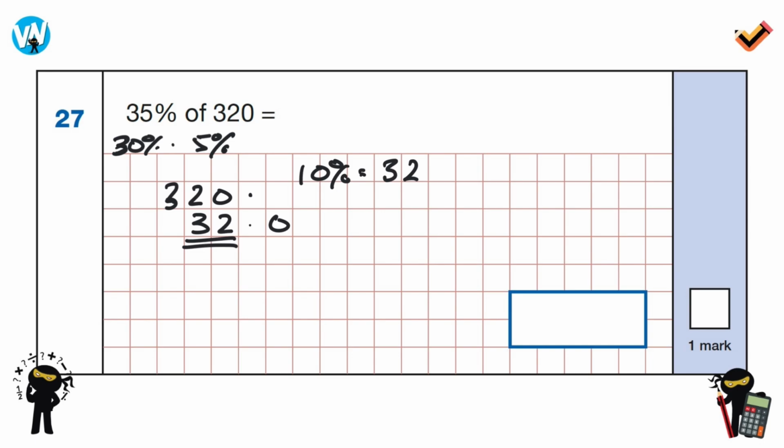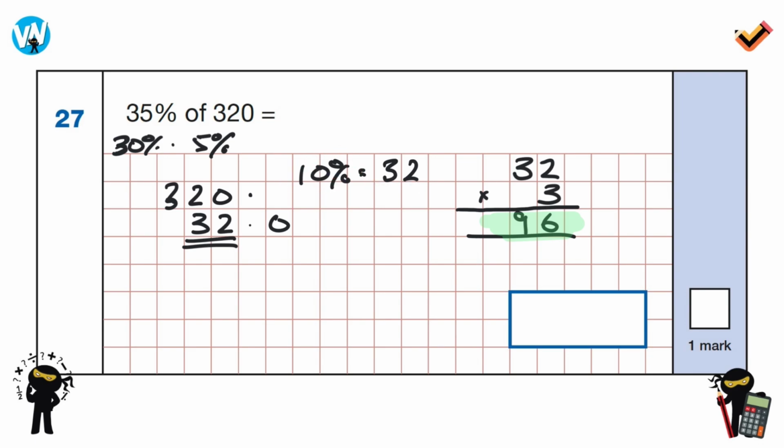So 32, to get 30%, I'm going to need to times that by 3. So I'm going to do 32 times 3. 3 times 2 is 6, 3 times 3 is 9. So I know over here that I've got my 30%. Now because I need to find 5%, I have 10% here, so I need to half 32.